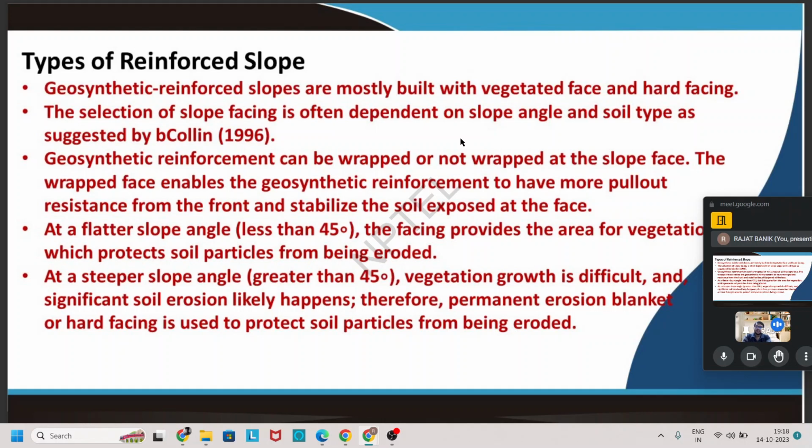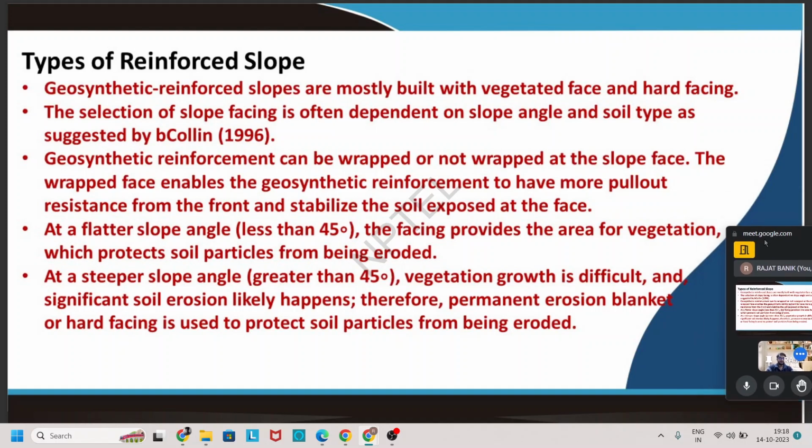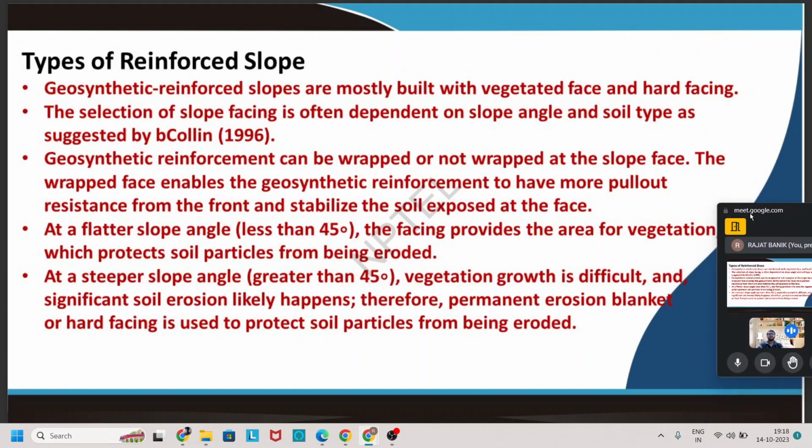At a flatter slope angle, less than 45 degrees, the facing provides an area for vegetation, which protects the soil from being eroded. At a steeper slope angle, greater than 45 degrees, vegetation growth is difficult and significant soil erosion is likely to happen.